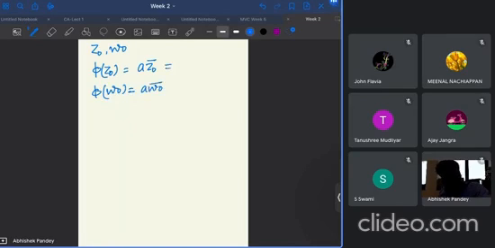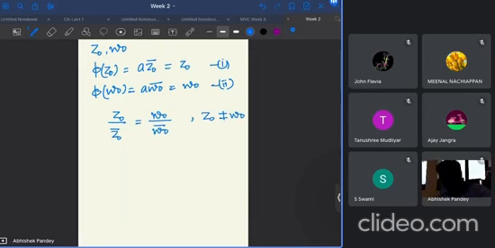Since phi is fixing Z naught and phi is fixing W naught, this gives that Z naught by Z naught bar is equal to W naught by W naught bar, and Z naught is not equal to W naught.